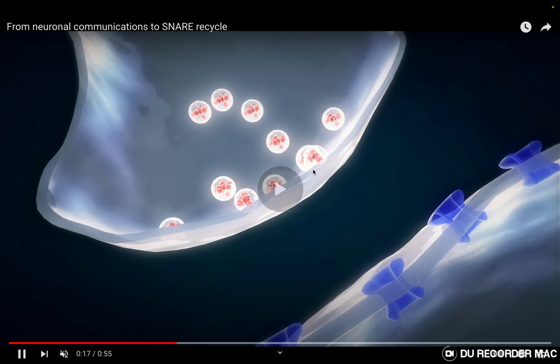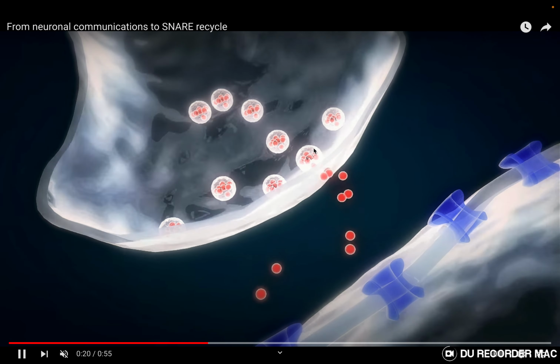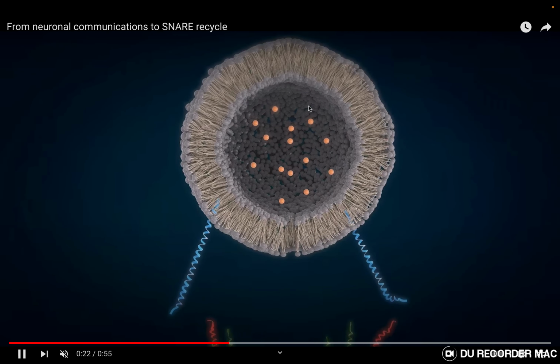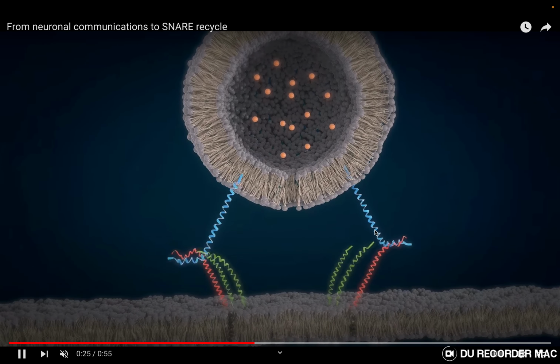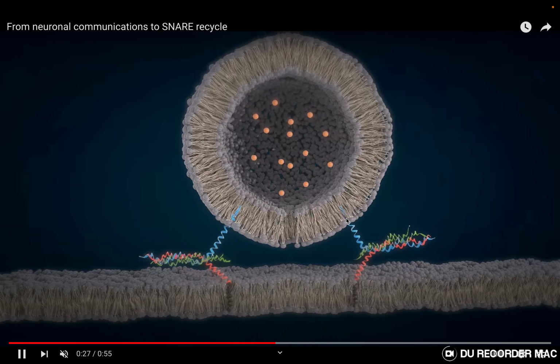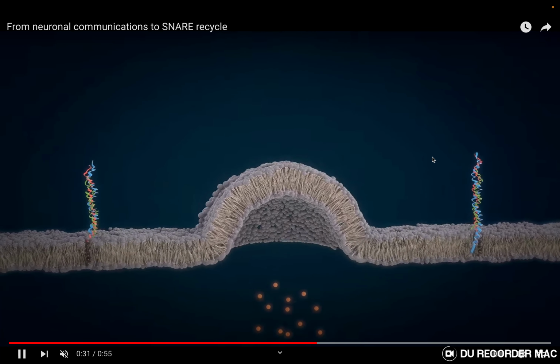Well, how is this happening? Let's go closer to it. Now we are going closer at 1 unit. This 1 unit has the neurotransmitter inside, and this is the vesicle. And you can see the attachment and then how it's getting pulled and releasing the neurotransmitter.